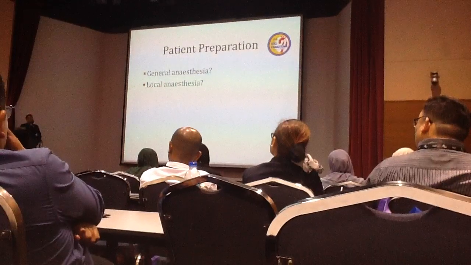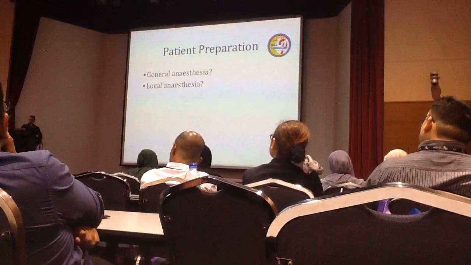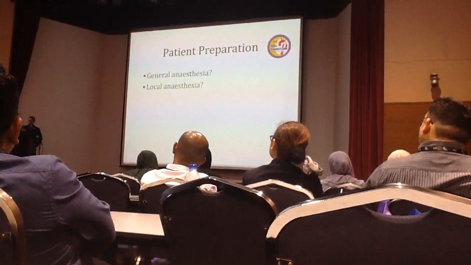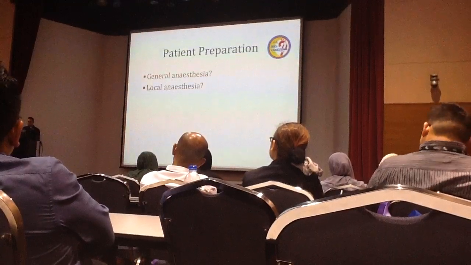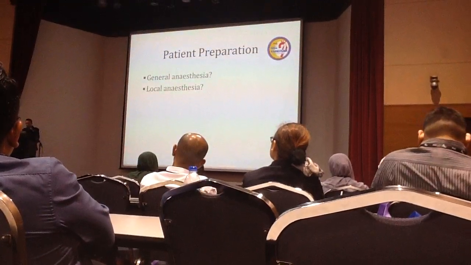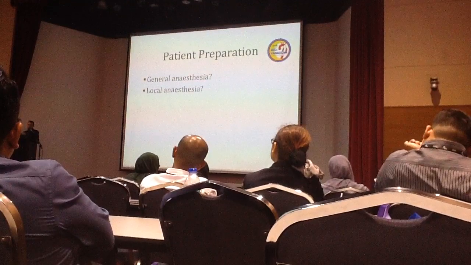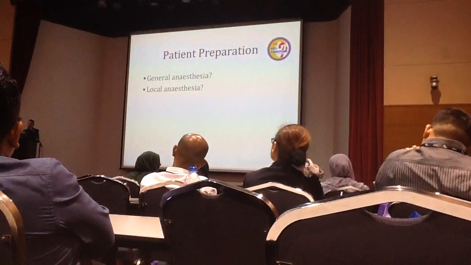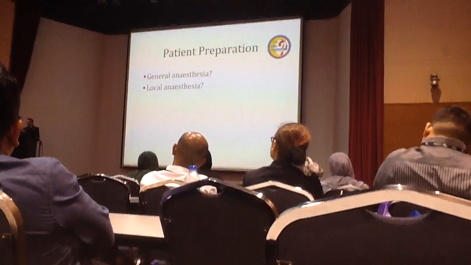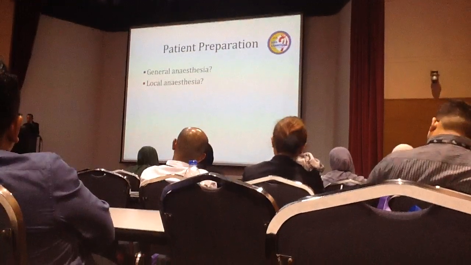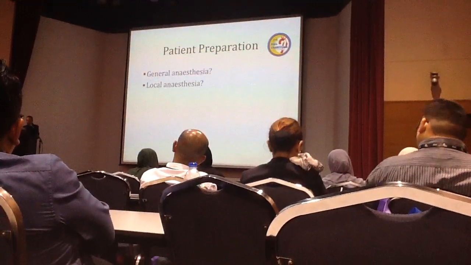As most patients presenting with acute limb ischemia, more than 80% of the etiology comes from the heart, right? So that means the patient may have some cardiac issue, such as AF or dilated cardiomyopathy, for which putting the patient under GA could be a problem.